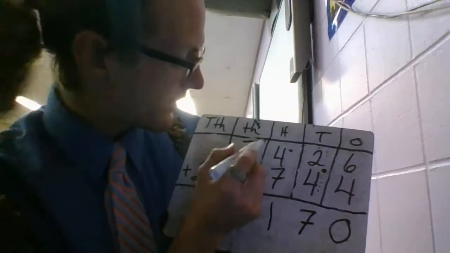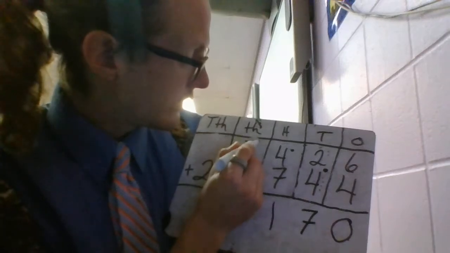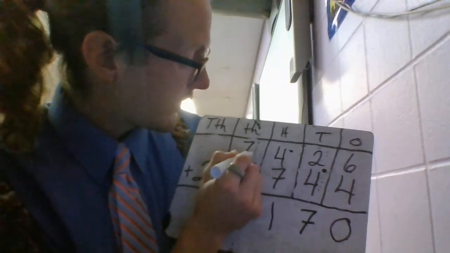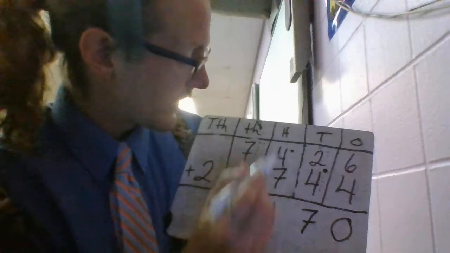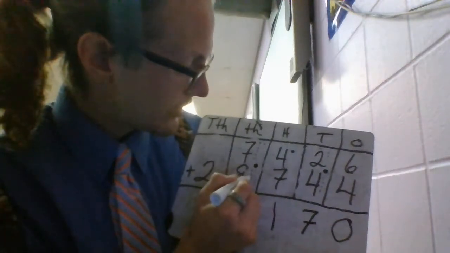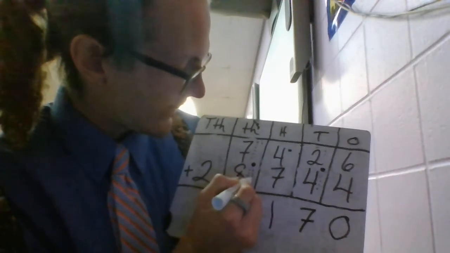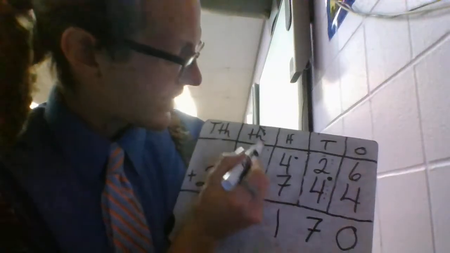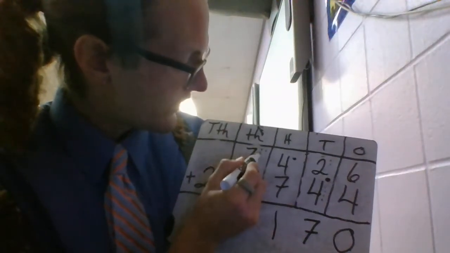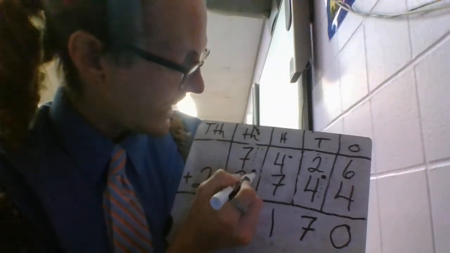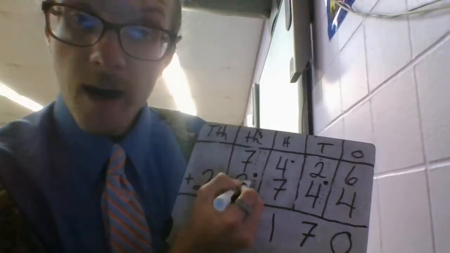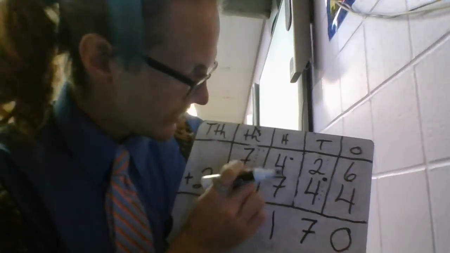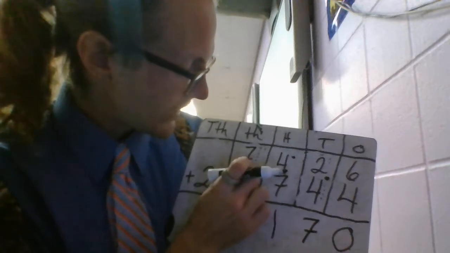Now let's look at our thousands. Let's count them all. 1, 2, 3, 4, 5, 6, 7, 8, 9, 10. What can we do? That's right.